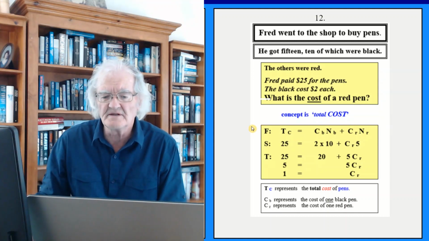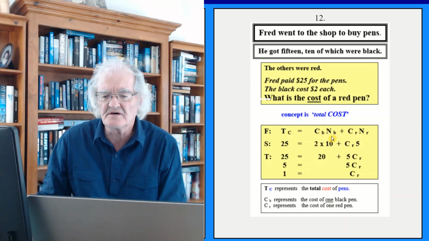So our formula to represent the problem is total cost is the cost of the black plus the cost of the red. Notice we are working in subtotals. The question wants to know the cost of one red pen. It gives us the cost of one black pen.